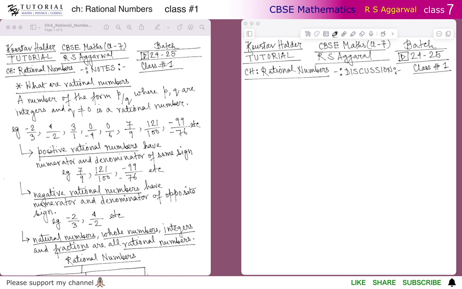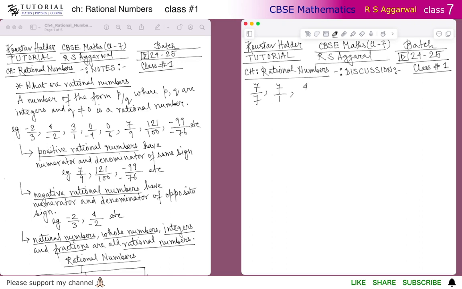Likewise, you have more. I will try to give more examples of rational numbers. Let's say you can have 7 by 7. This is a rational number. Essentially it is 1. 7 by 1 is also a rational number.